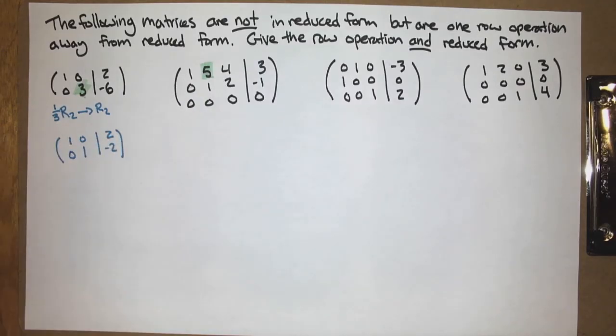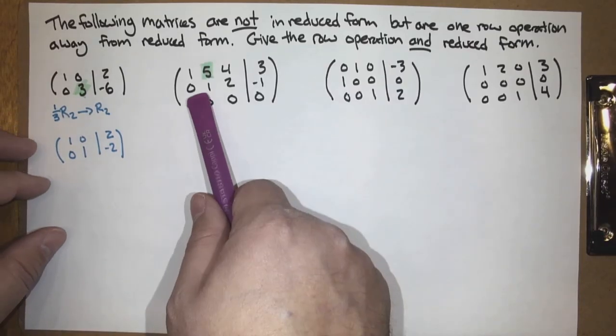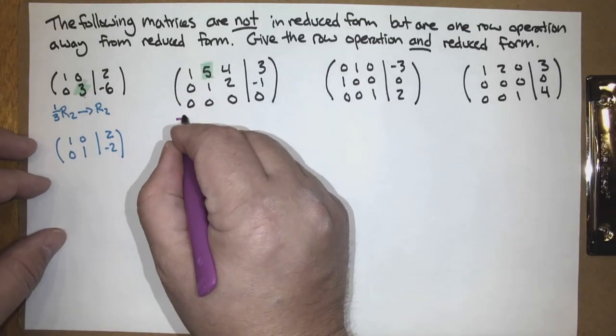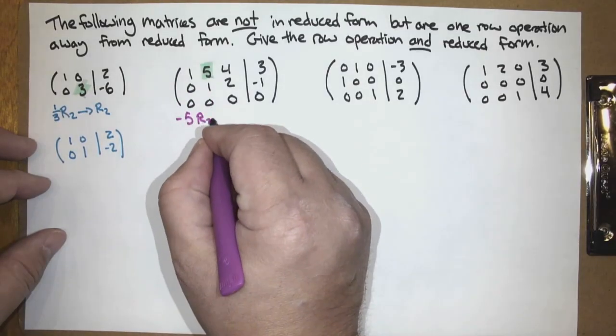So our goal is to knock out that 5. What can knock out a 5? Or perhaps I might very suggestively say, what can help us eliminate that 5? Whoa, elimination. What can we do? Multiply row 2 by negative 5 and then add to row 1. Yes! Brilliant! Minus 5 times row 2 plus row 1.